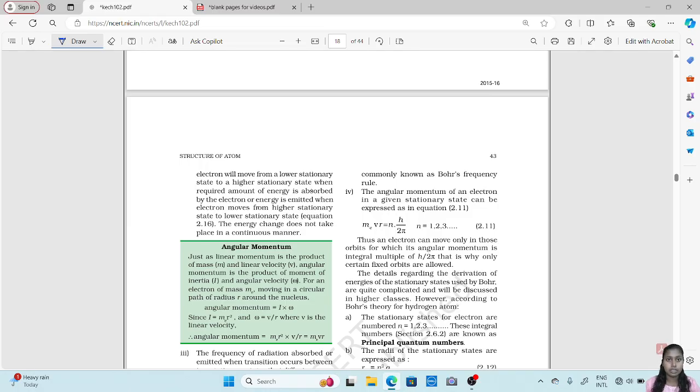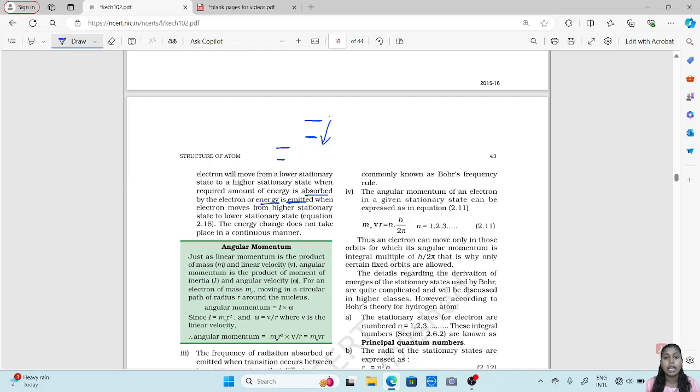So the energy doesn't change over time, but when an electron absorbs energy, it can move from its lower energy state to a higher energy state. When the electron emits energy, when energy is given out, it comes from its higher energy state to a lower energy state.